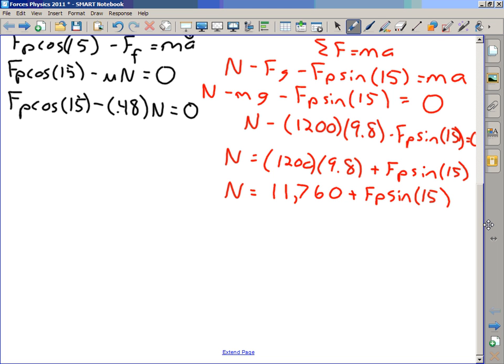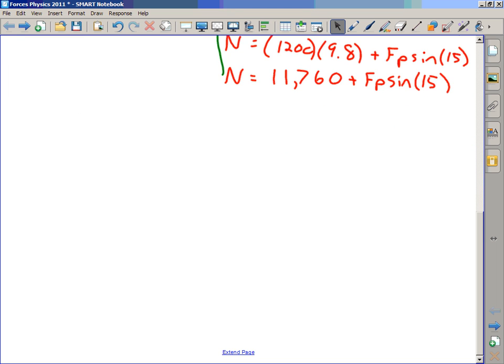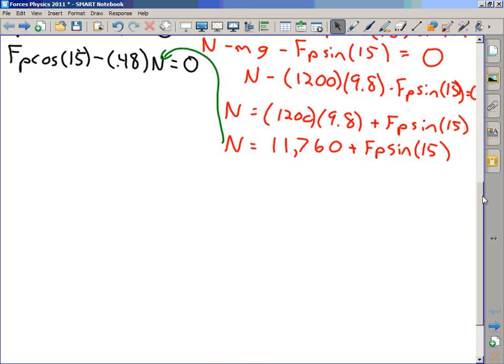Now I'm going to take that entire thing and plug it in the x-axis for normal force. Then I have one equation and just one variable. I can solve for FP at that point in time. Let me, just because I'm going to run out of space, recopy that line down a little bit. So now I've got FP cosine 15 minus 0.48.